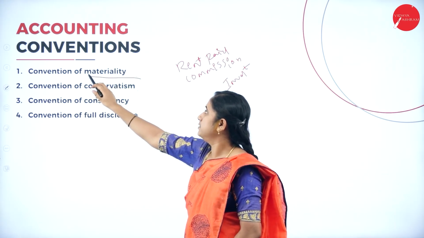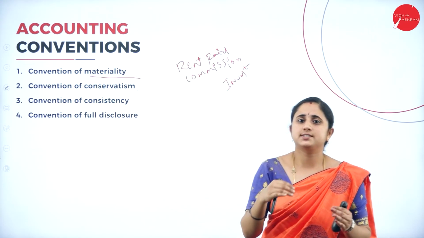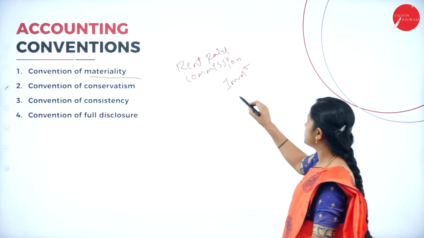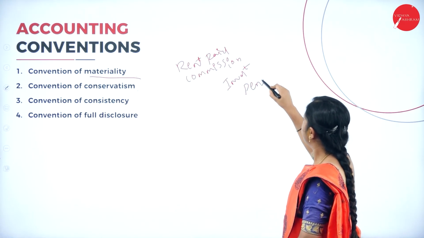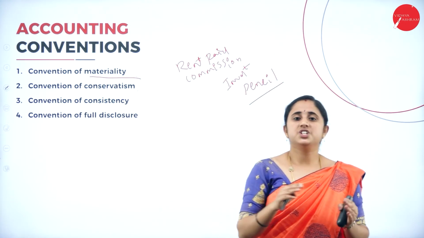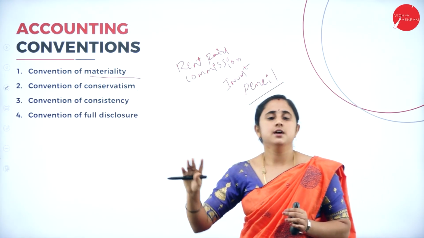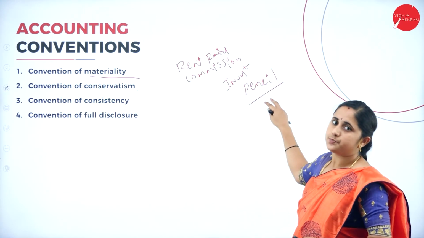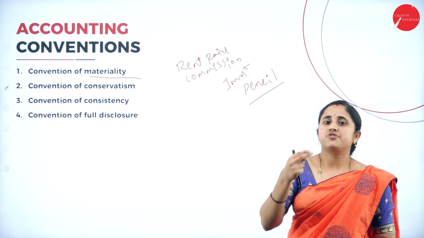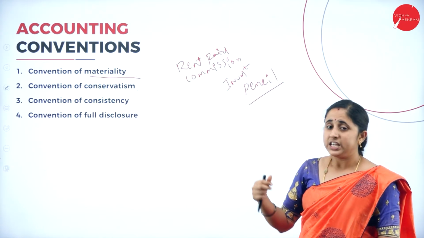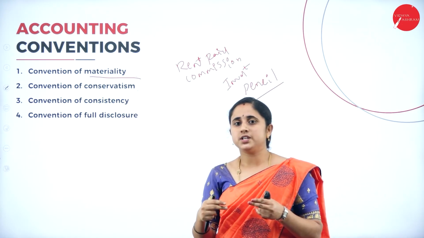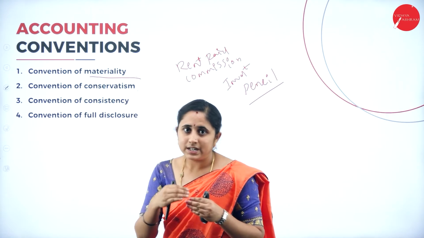For example, you have purchased some pencil for the business. You just enter that you have purchased pencil. By using this pencil every day, the value of this pencil will reduce day by day. You need not record all the values which are reduced from day to day.